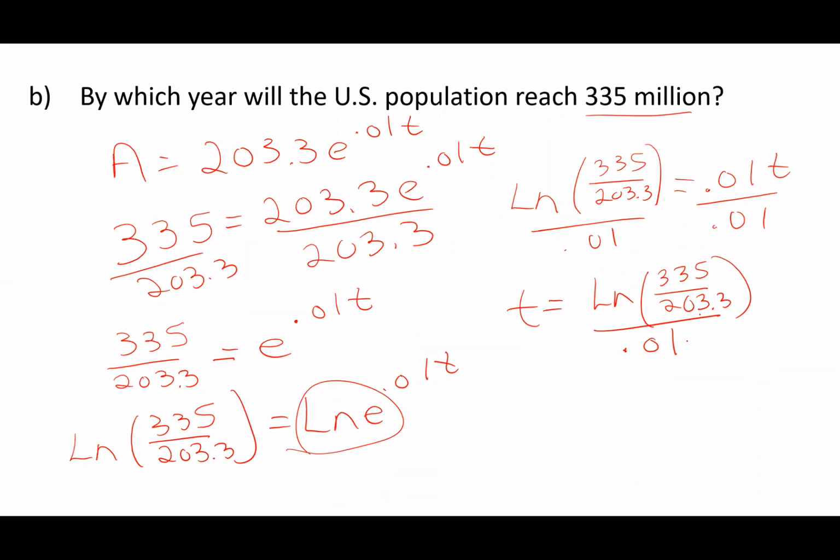Natural log of 335 divided by 203.3 divided by 0.01, and I get approximately 50 years.